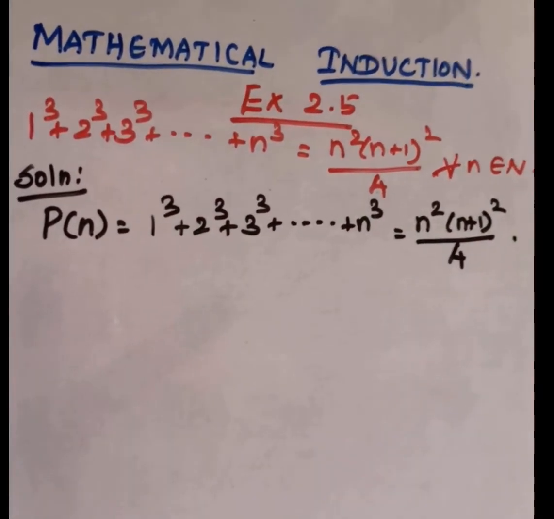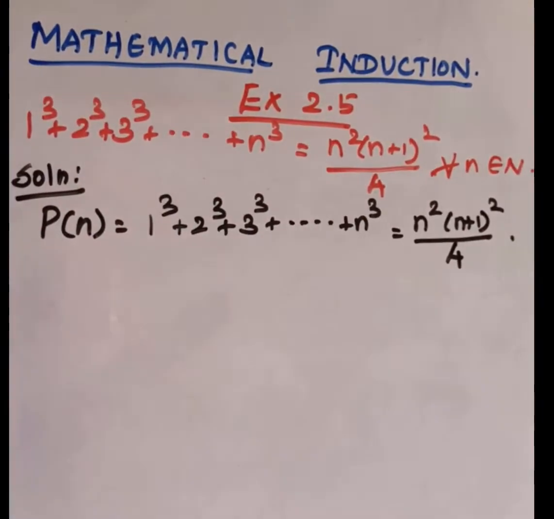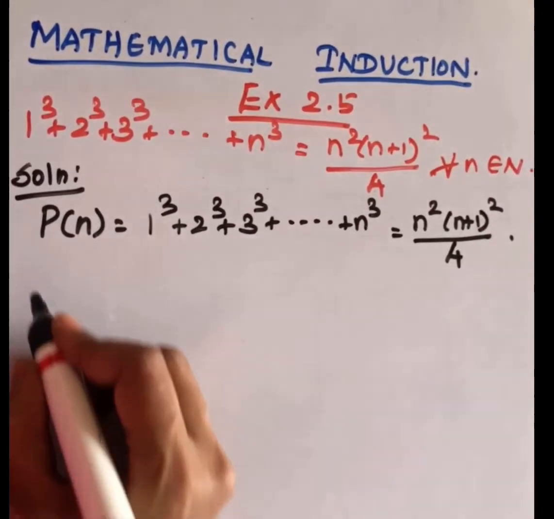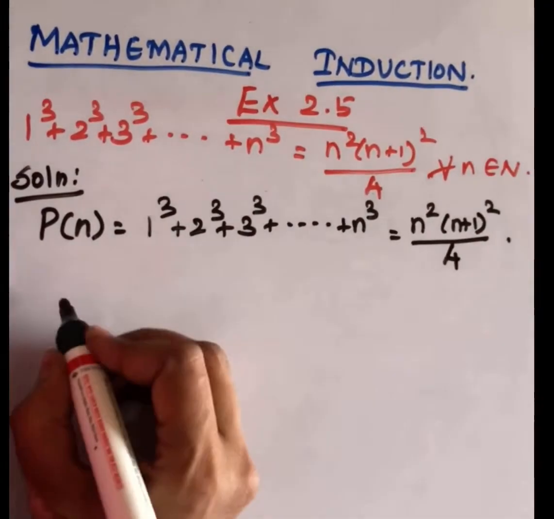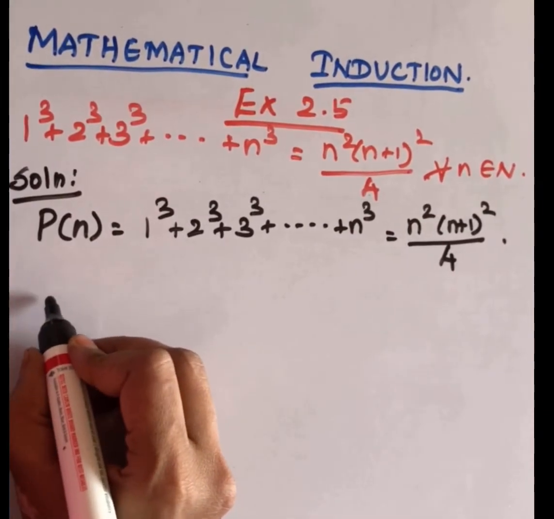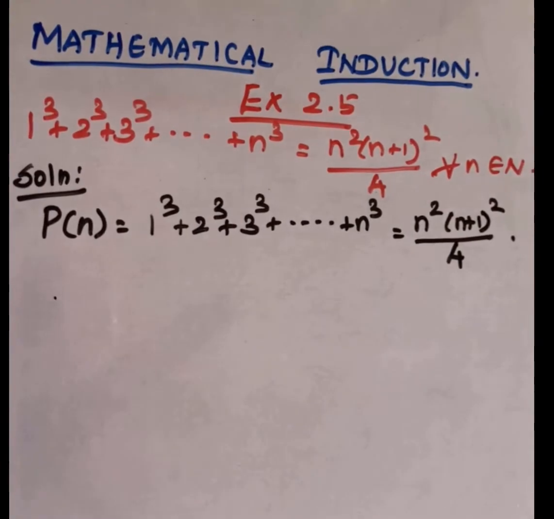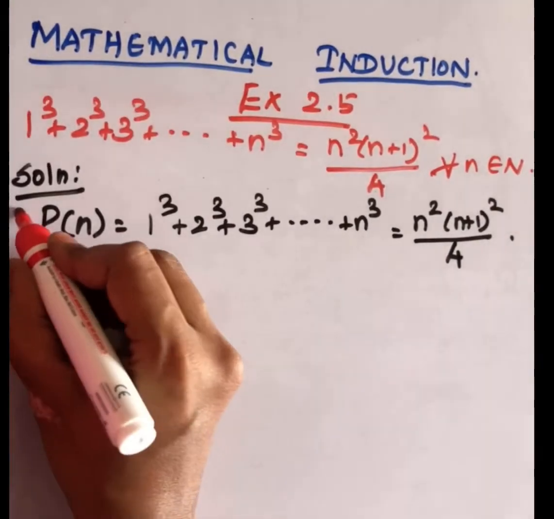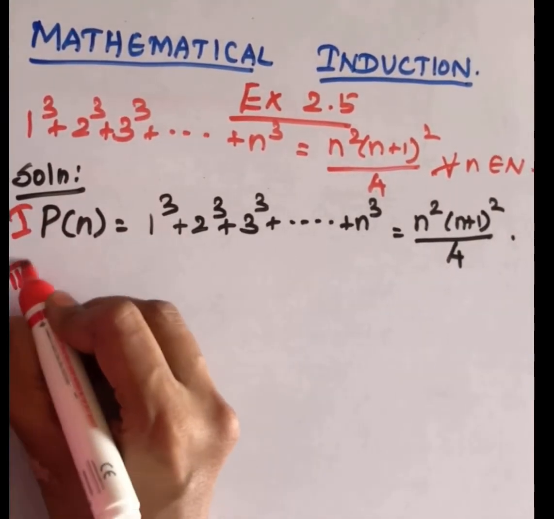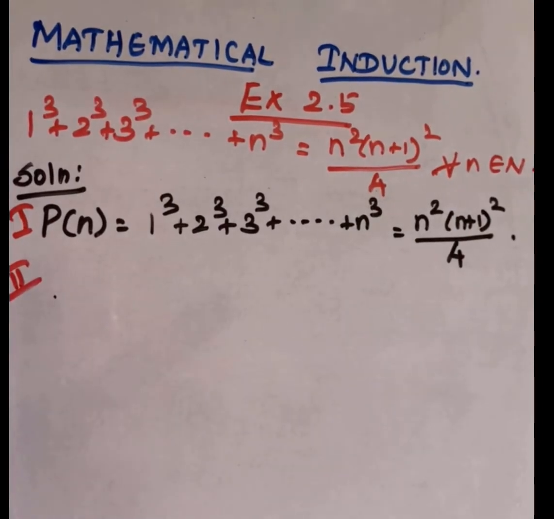Now we have defined our problem, that is P of n. The next step is to prove P of 1.